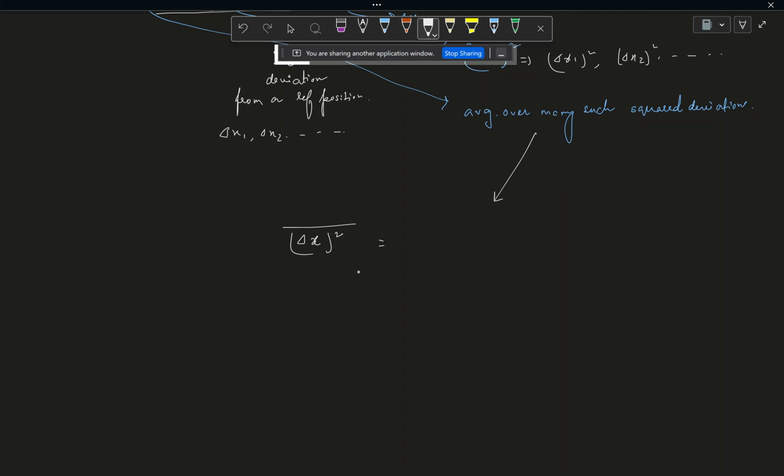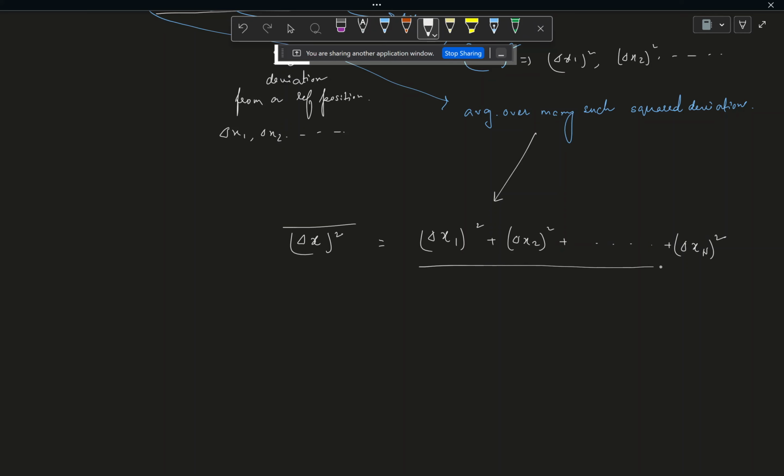Let's say, for simplicity, there are n such data points that you have collected. So you will have delta x1 squared plus delta x2 squared plus delta x3 squared, and so on, up to n number of times, so it finishes on delta xn whole squared.